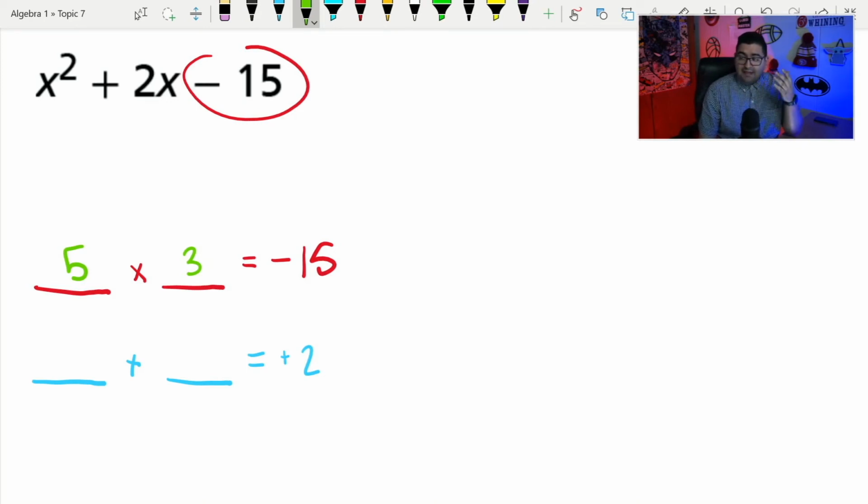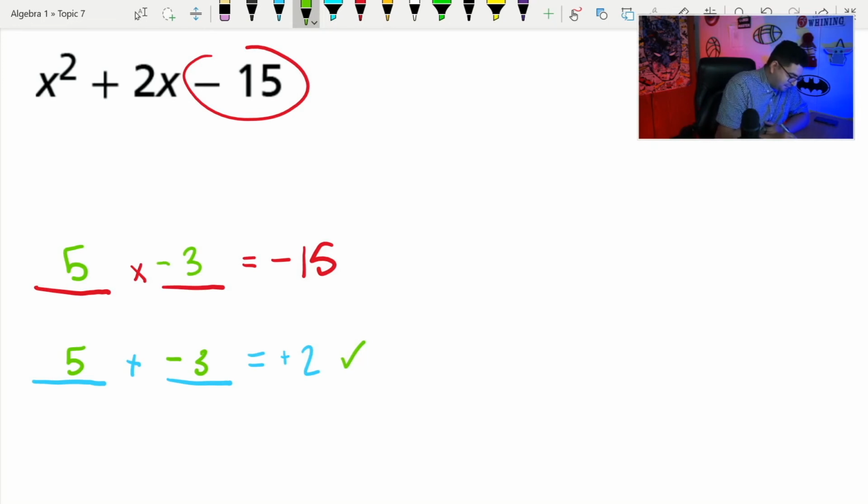The way we know which one to make negative is by looking at the sum. If I add these two numbers, which one needs to be negative so that I end up with a positive 2? If I make the 5 negative, negative 5 plus 3 is actually negative 2, so this one would not be true. But if I make the 3 negative, 5 plus a negative 3 is a positive 2.